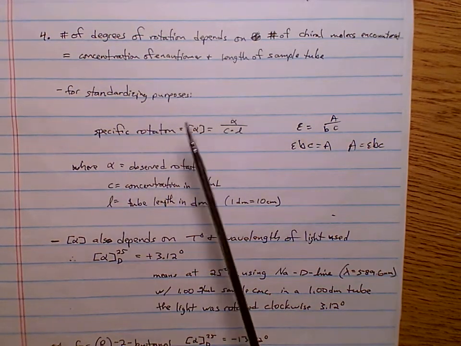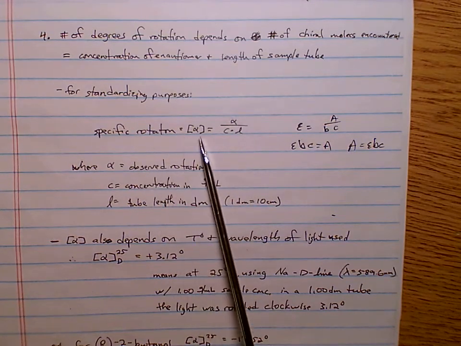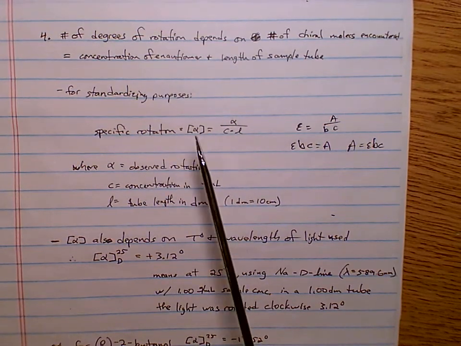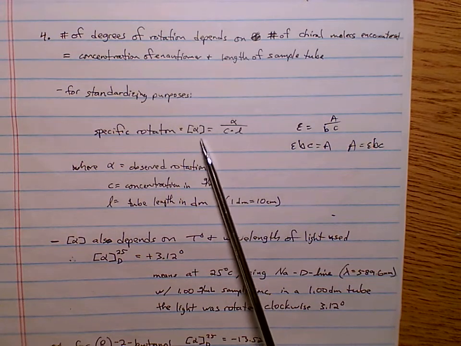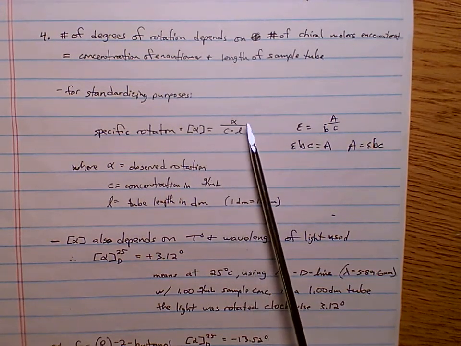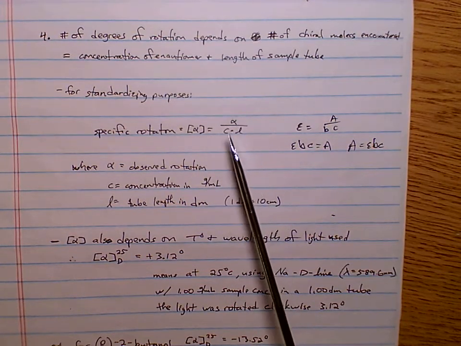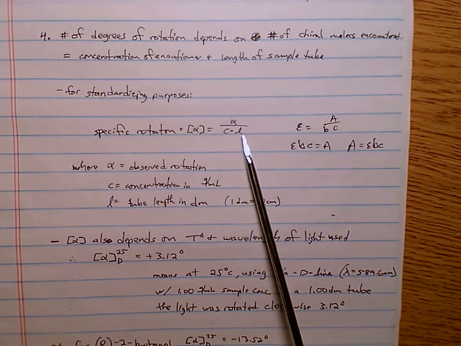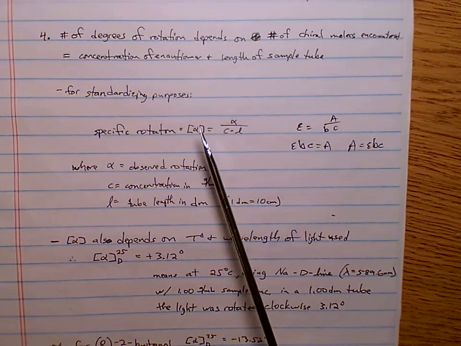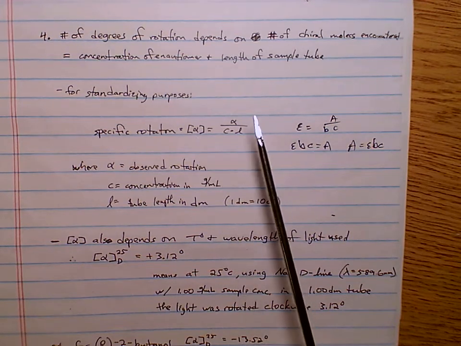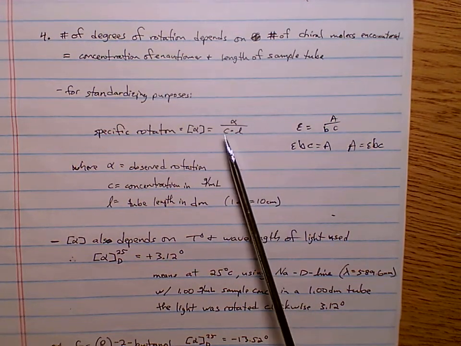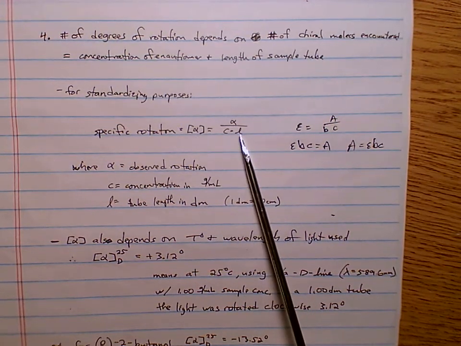There's a nice equation that the specific rotation, which is a constant that you can measure, equals the observed rotation divided by the concentration of the solution times the length. So this rotational constant equals the observed rotation divided by the concentration times the length.